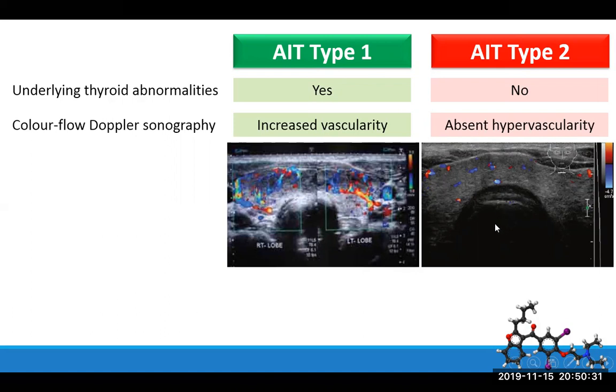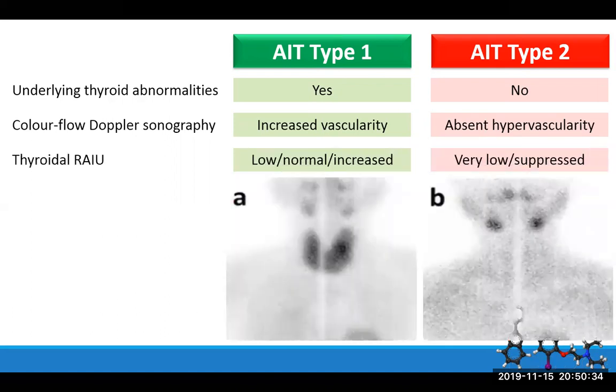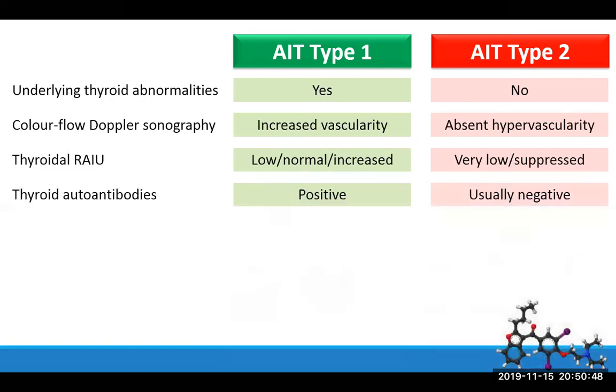Thyroid radioactive iodine uptake is low, normal, or increased in type 1, but in type 2, it is very low or suppressed or even 0%. This is very important. The thyroid antibody is usually positive, especially in underlying Graves disease in type 1, and usually negative in type 2, but may be present as in the general population.